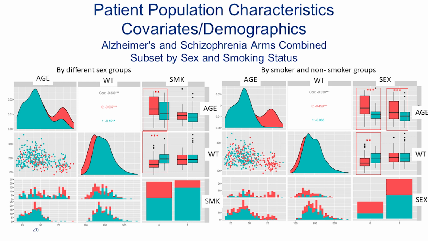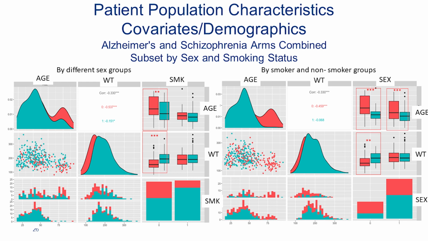You can see that we have more females in the older group, but in the younger group, females and males are pretty much matched. Similarly for weight, the males are somewhat heavier. And then by smoking status, you see that males tend to be more likely to be smokers.